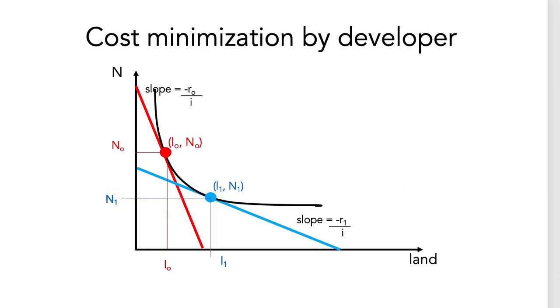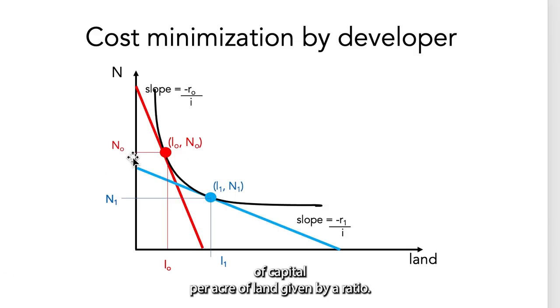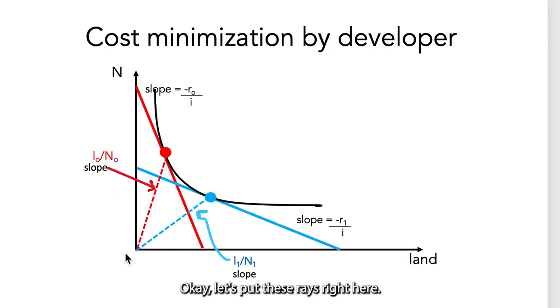Okay. Now the building heights are reflected in the amount of capital per acre of land given by a ratio. Let's divide N0 by L0 and then N1 by L1. Okay, let's put this ray right here.